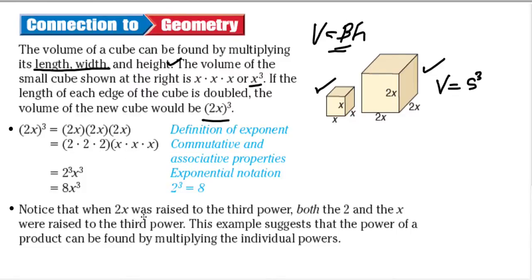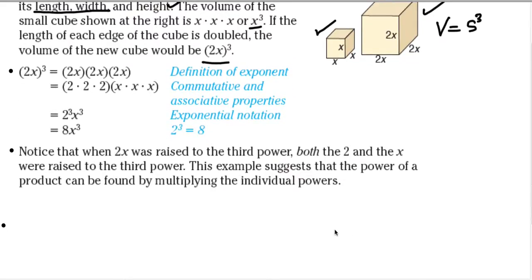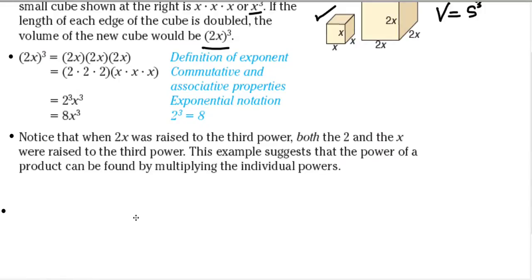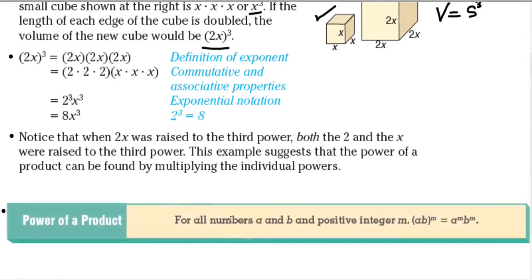Notice that when 2x was raised to the 3rd power, both the 2 and the x were raised to the 3rd power as well. This example suggests that the power of a product can be found by multiplying the individual powers. What does that mean? It means we bring up another rule, the power of a product: for all numbers a, b, and positive integer m, ab raised to the m power is equal to a to the m, b to the m.